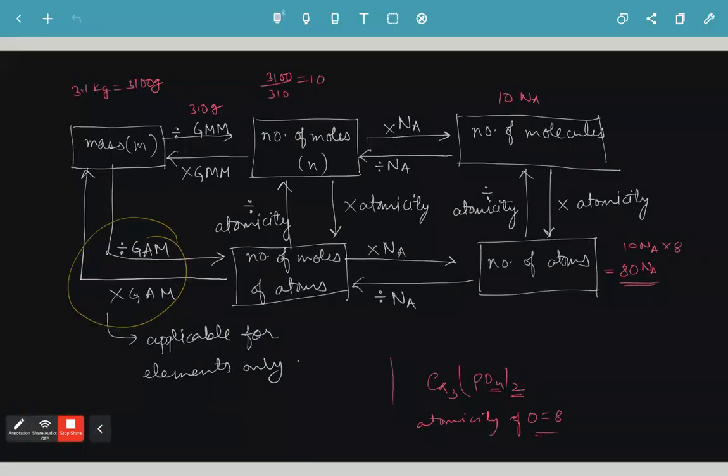Let us continue. We did calculation of number of moles, number of atoms, number of molecules.